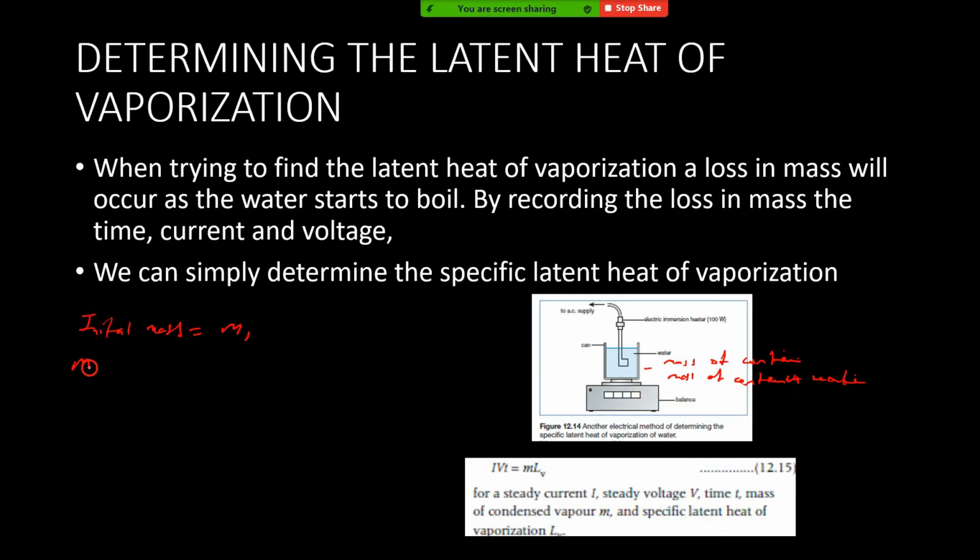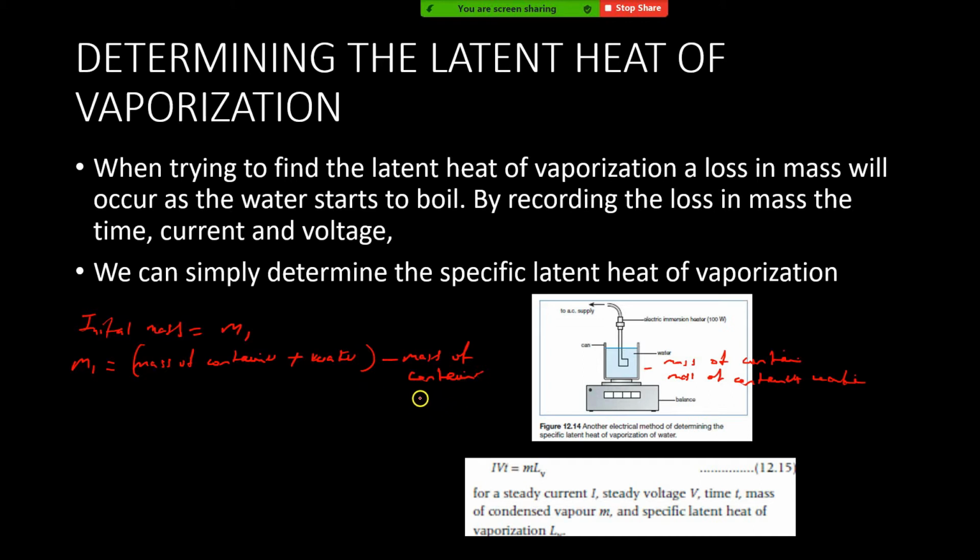So our initial mass M1 is equal to the mass of the container plus the mass of the water, minus the mass of the container. That's what we would do there.